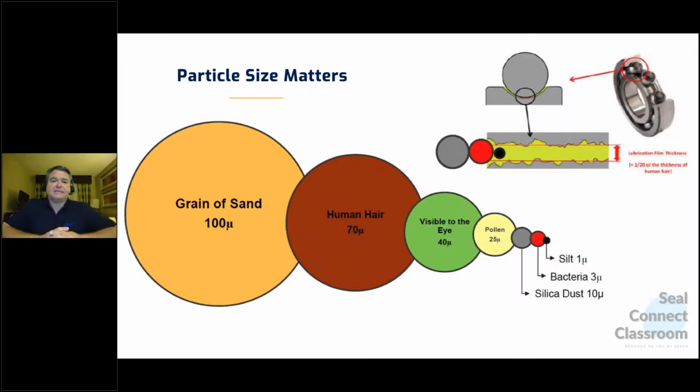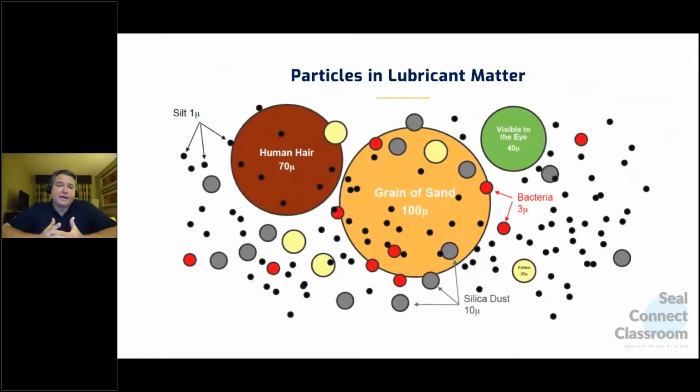So the next slide is showing what 1 milliliter of oil might look like. If we took a sample and everything was clear and we could see roughly 3 particles floating around in there, that may be considered good.